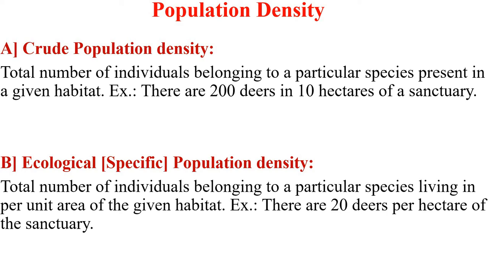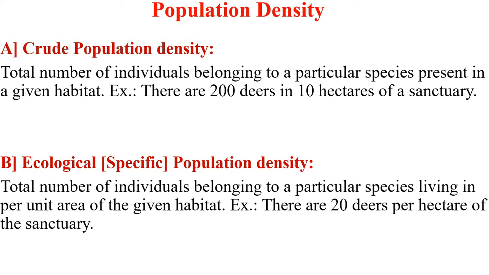Means individuals belonging to a particular species occupying a particular given habitat. For example, there are 200 deer in 100 hectares of sanctuary. A particular animal is given here, deer. It may be tiger or rhinoceros likewise. And the area is also specified.